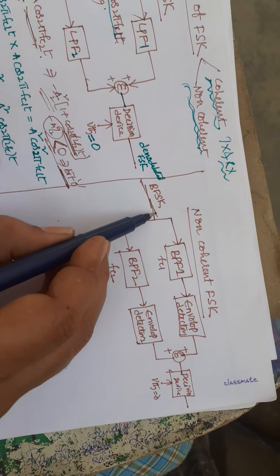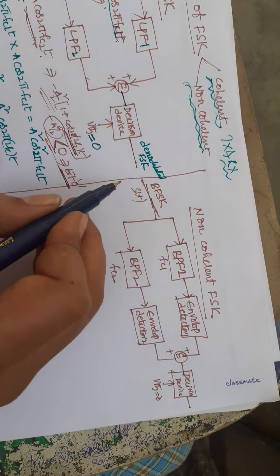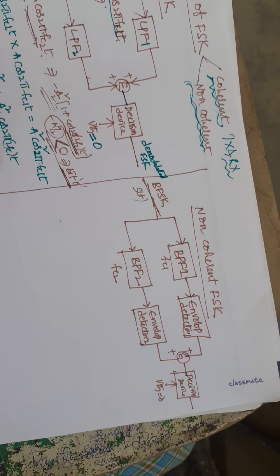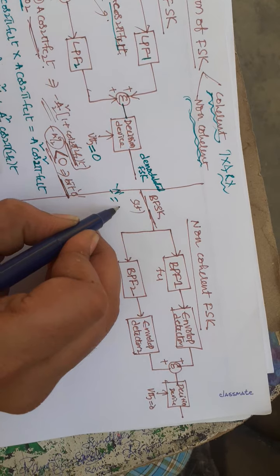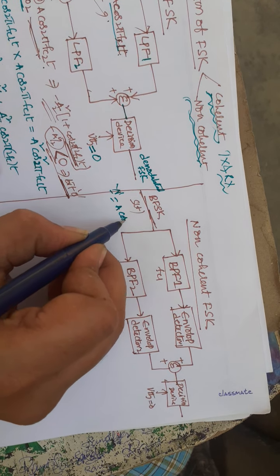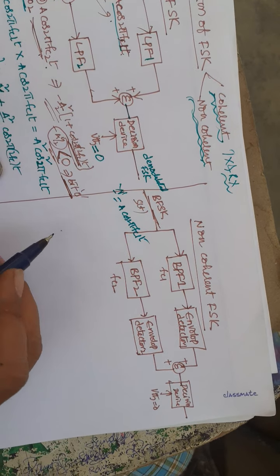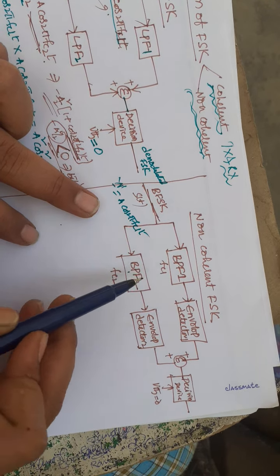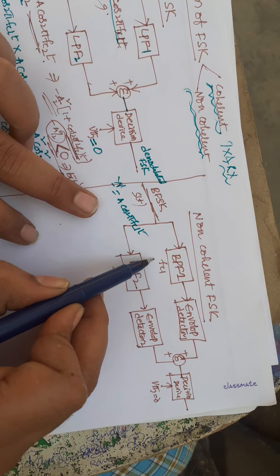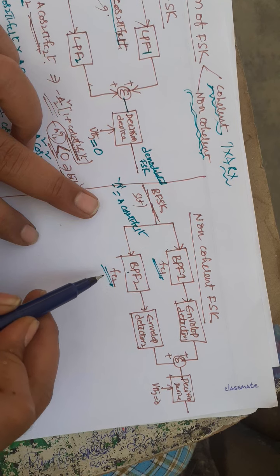Now here the BFSK s of t signal you will get. For example, if bit 1 is transmitted, my s of t signal equation is A cos 2 pi fc1 t. Now in this detector I am using two band pass filters. Band pass filter 1 is tuned to fc1, band pass filter 2 is tuned to fc2.